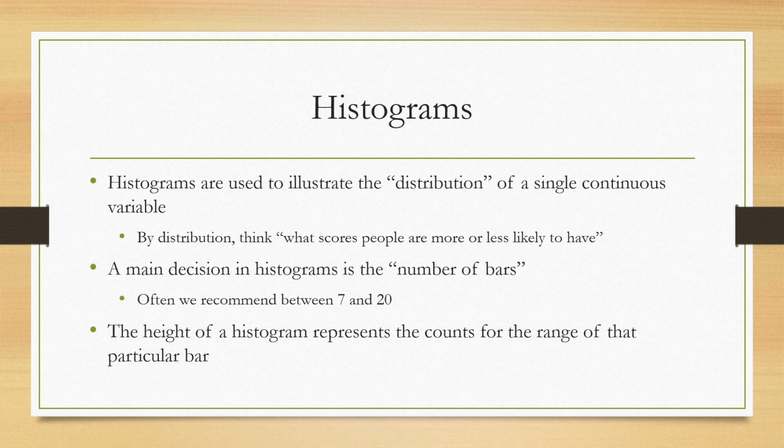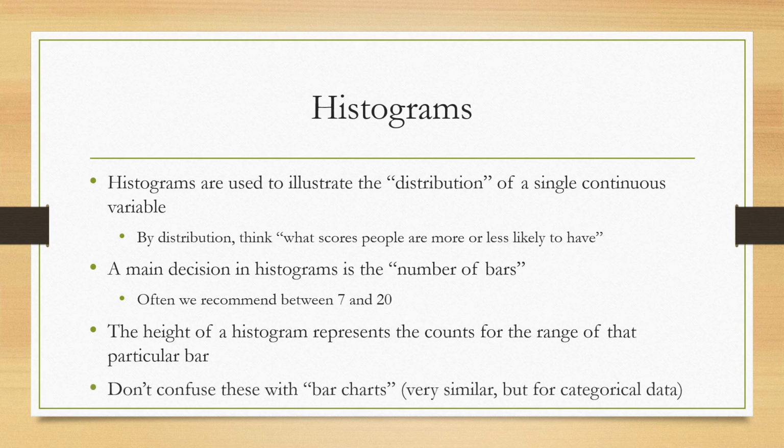So in this case, the height of the histogram represents the counts for that range of the particular bar, classically. Now, this is the classic example. We'll talk about some modifications on the next slide. One common confusion is between histograms and bar charts. Histograms are made for a continuous variable. A bar chart is the same type of chart, but is made for a categorical variable.